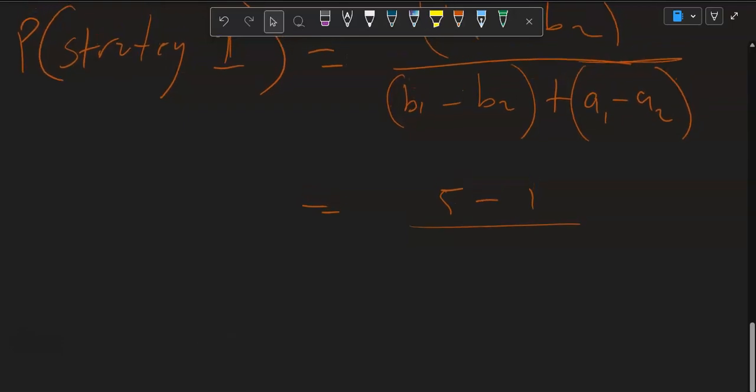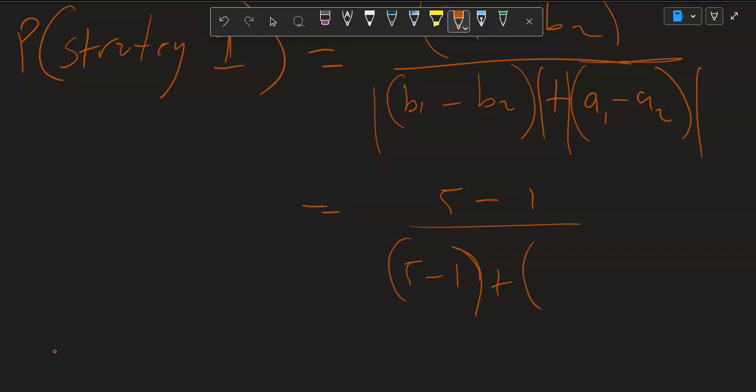Then our denominator, we have B1 and B2, which would be the same thing, 5 minus 1. So we don't forget the modulus of all of these. Plus A1, we know that A1 is 2, minus 8, which is A2 there.